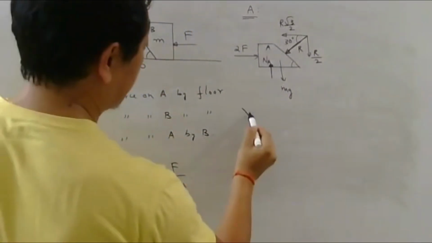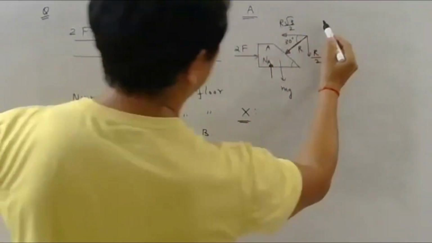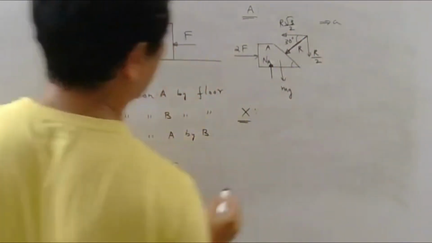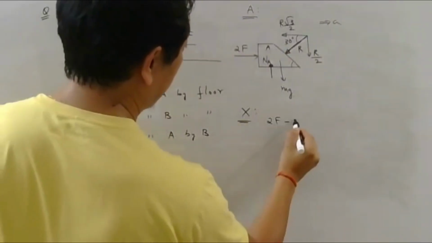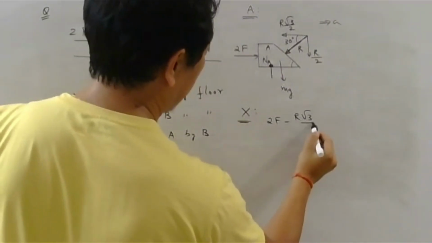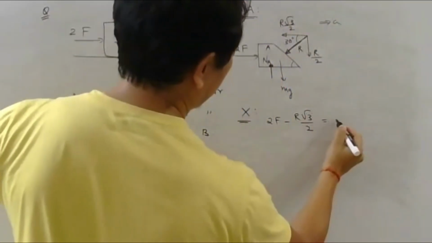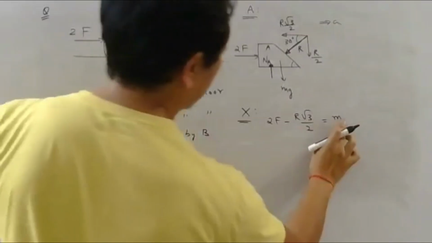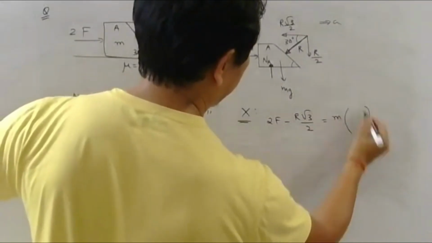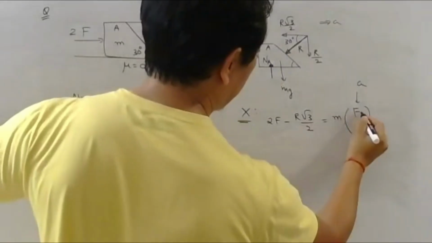Now along the x-axis write Newton's law. Remember everything is accelerating this side. So what is the total force this side? 2F minus R root 3 by 2. This force minus this force is equal to mass, which is given as M, into A. And A we have already found, F by 2M.